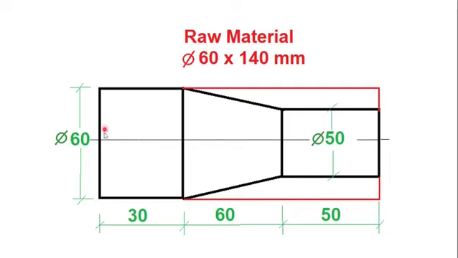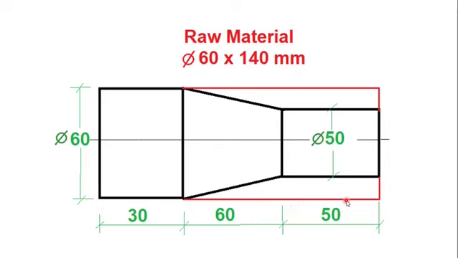So 60 dia, length 30 plus 60 is 90, 90 plus 50 is 140. So the raw material size is 60 dia and 140 length.